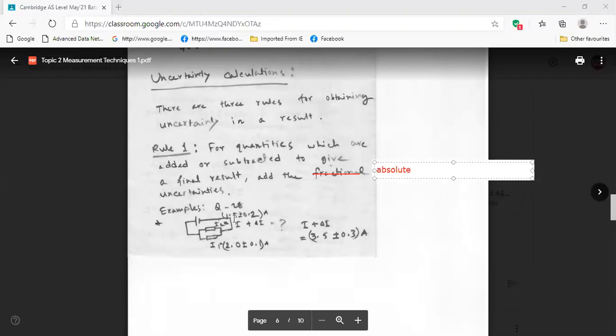That is your measured value or original value. That is 3.5. And your absolute uncertainty here is 0.2 plus 0.1. Altogether it's coming 0.3. Now is it clear?